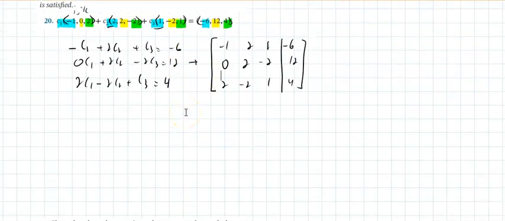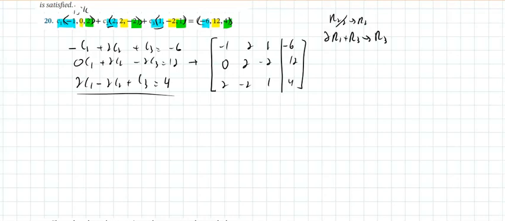I could take twice row 1 plus row 2 in row 2, and I would take row 2 divided by 2, put it back in row 2. I lied. Let's say take 2 row 1 plus row 3 in row 3. And take row 2 divided by 2, put it back in row 2.